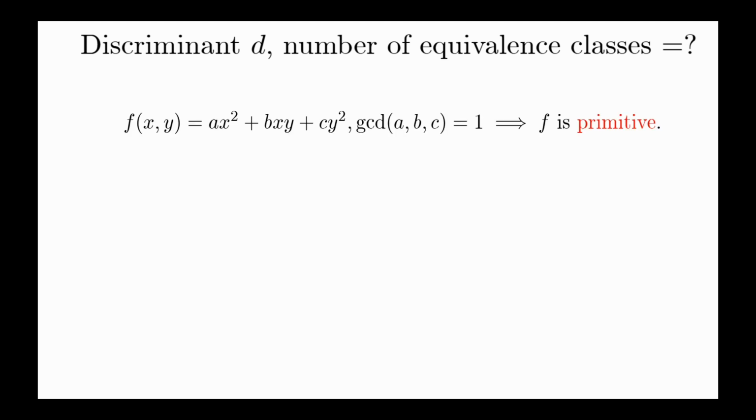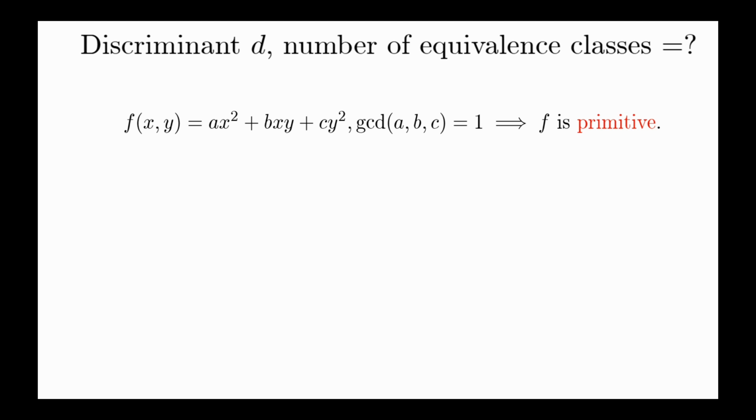And a question which now arises is, given a discriminant d, what is the number of equivalence classes for the binary quadratic forms?